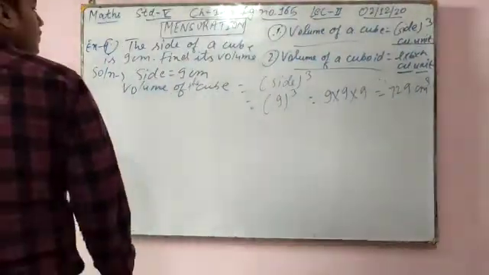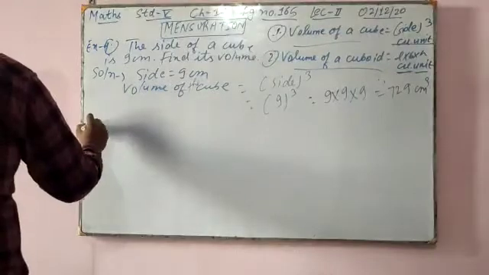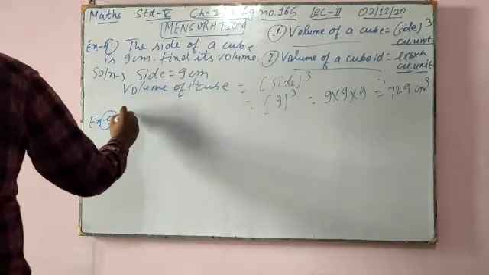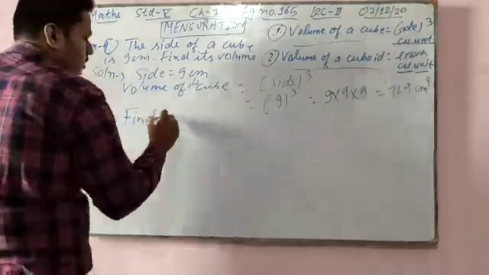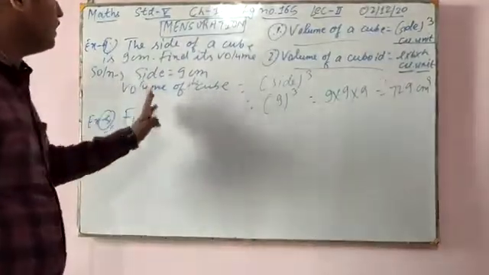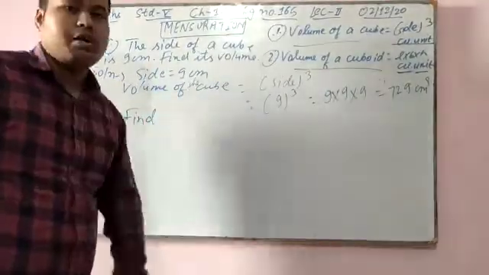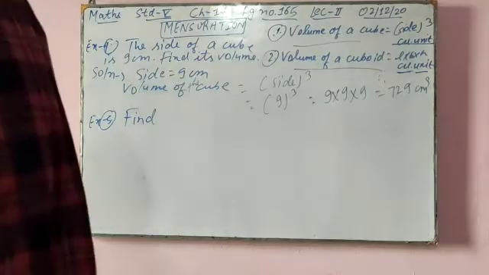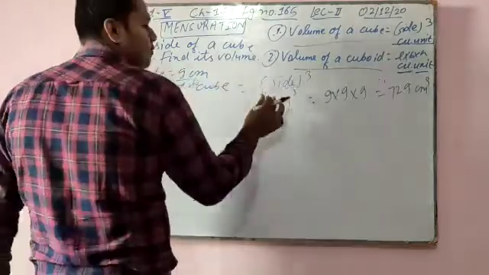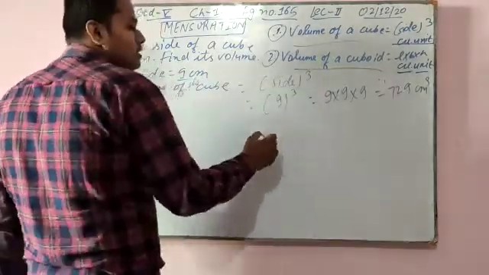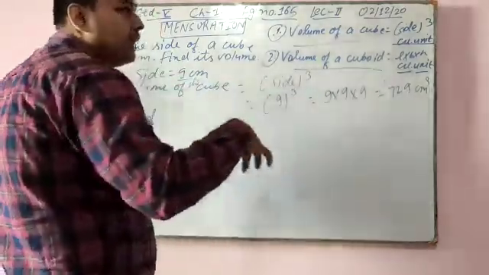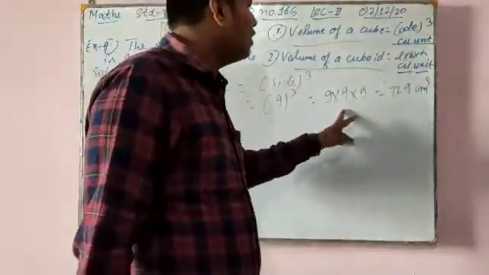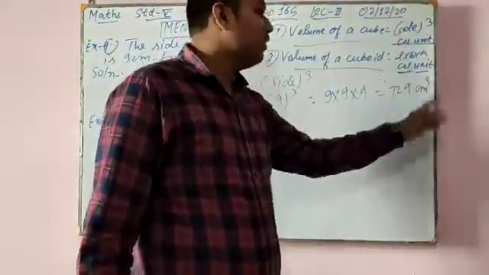Okay. So now we move to the next example. See, very easy. Side is given. We have to put the formula of volume of cube. Now volume of cube formula is side cube. Side means in the bracket, you put 9, and this cube means that we have to multiply this 9 three times. 9 into 9 is 81 and 81 into 9 is 729.